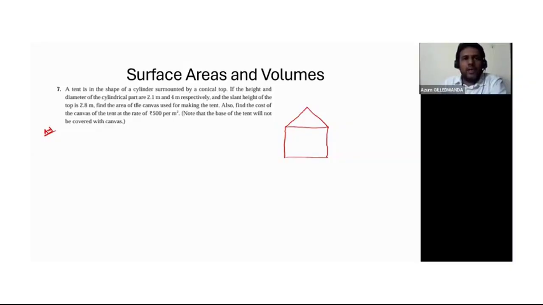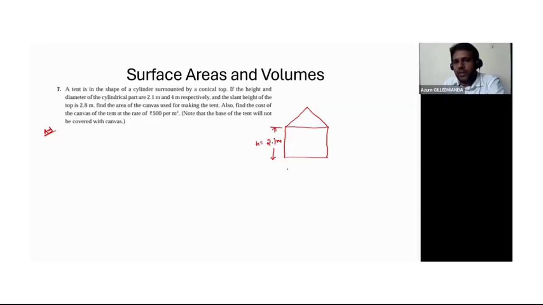The height of the cylindrical portion is given as 2.1 meters. So h is given. The height of the cylindrical portion is 2.1 meters and the diameter is 4 meters.